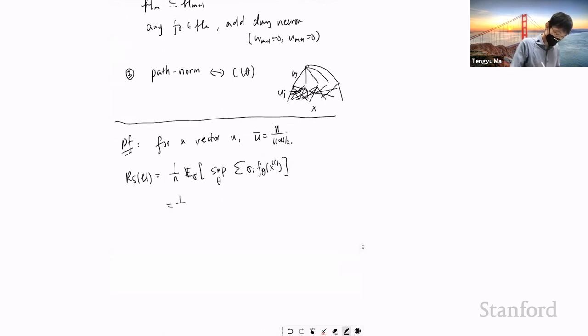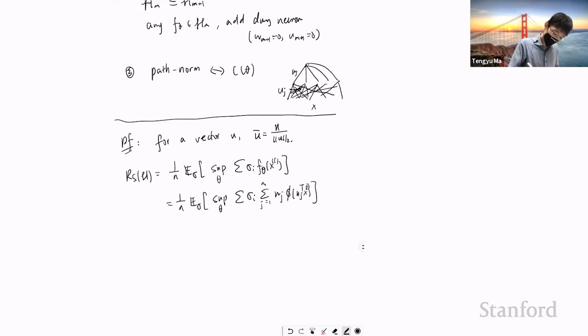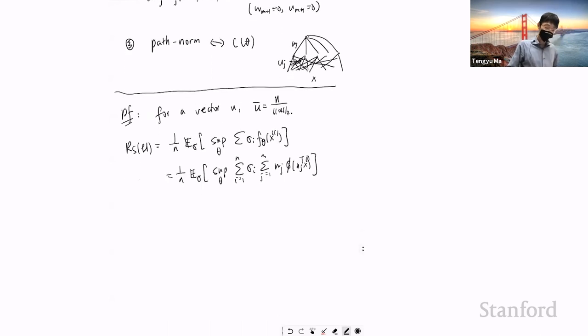And I guess we do the usual thing. The first two steps are just plugging in the definition. And now we want to first rescale W and U before we take the sup.